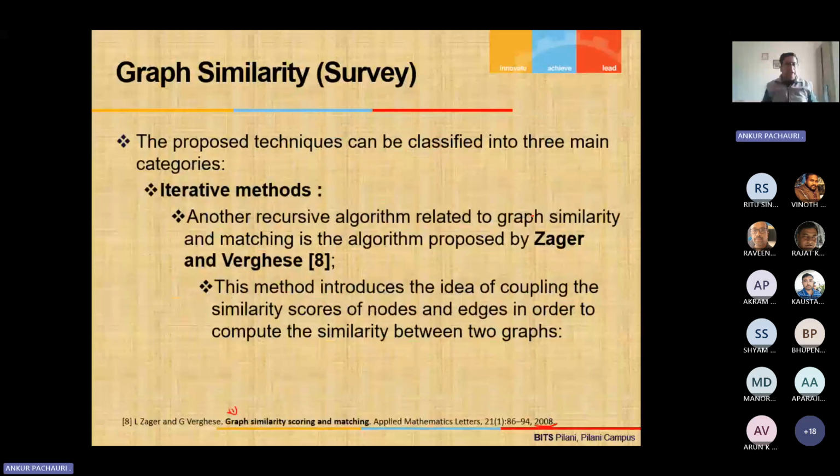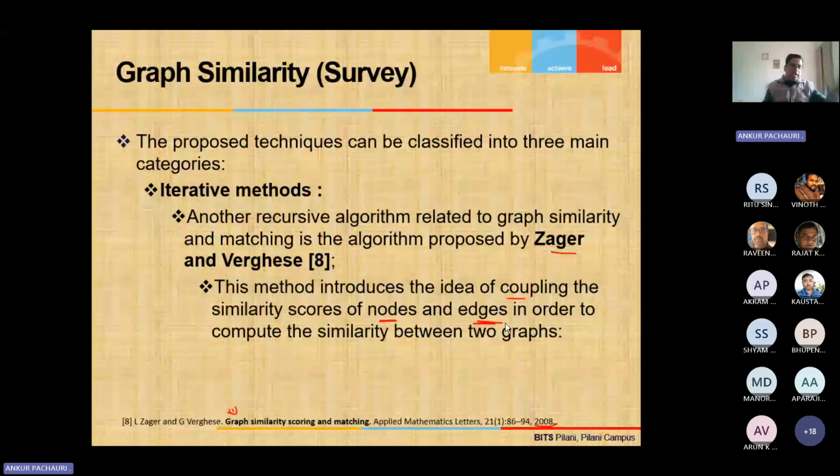They moved one step ahead and coupled the similarity scores of the nodes as well as the edges. Based on the similarity of nodes, they computed the similarity of the edges, and based on the similarity of the edges, they updated the similarity scores of the nodes, also in an iterative manner.